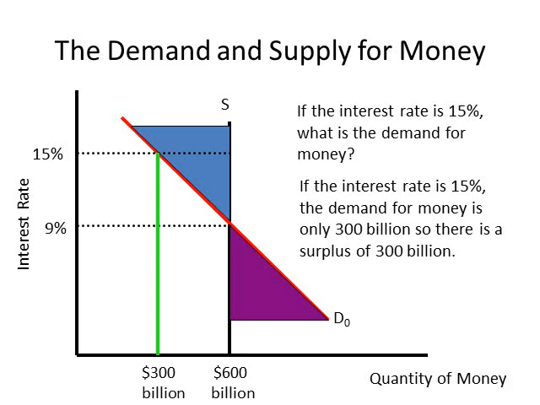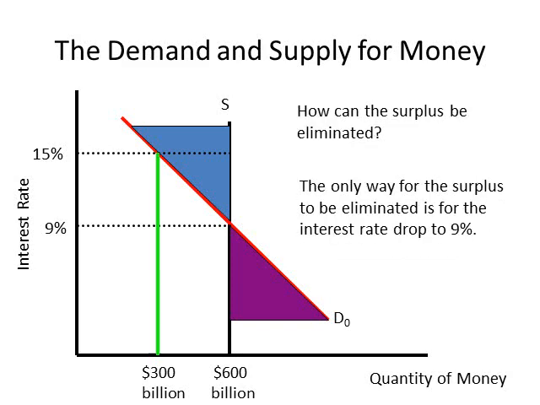If the Federal Reserve, however, has supplied $6 billion, and since consumers only want $3 billion, there's an excess supply of $3 billion. The only way for the surplus to be eliminated is to let the interest rate drop down to 9%.